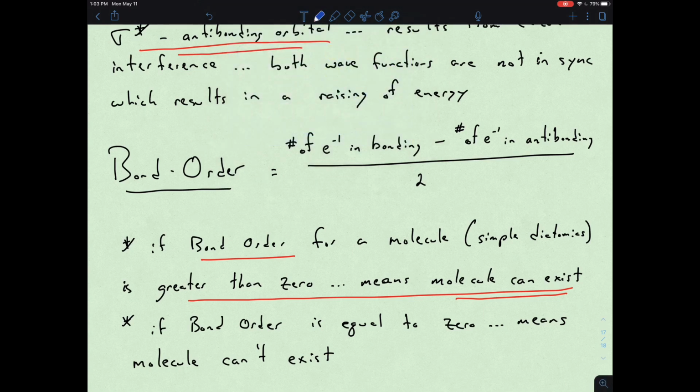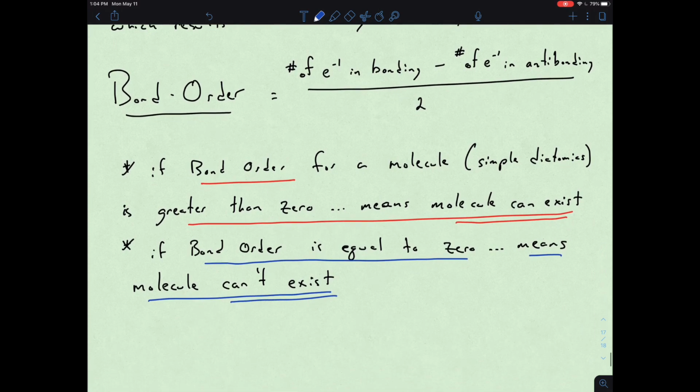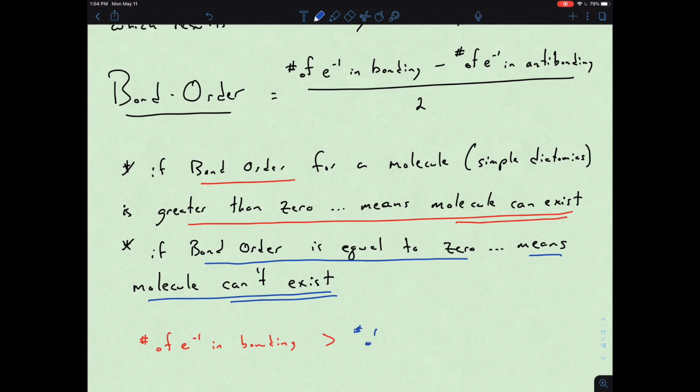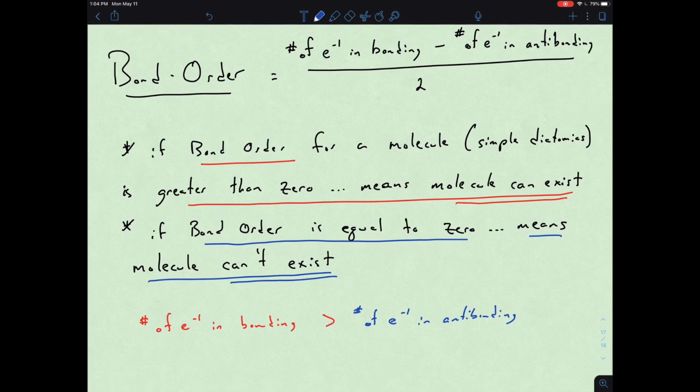While we can also have a bond order equal to 0, and that is the opposite. The molecule can't exist. And the idea here is talking about the lowering and gaining of energy, right? If our number of electrons in bonding is greater than our number of electrons in antibonding, that means this is favorable.